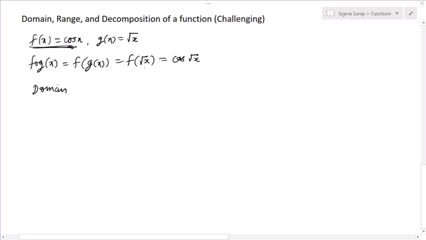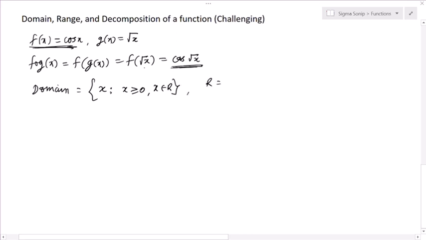Then I look at the domain. Here the domain would basically be all the values of x which are positive, because you have a square root sign here, which means you cannot have a negative x. x can only assume positive values. So my domain is quite simply this.